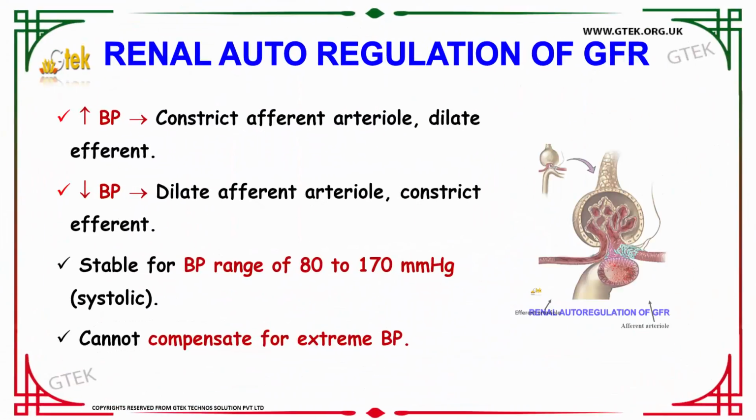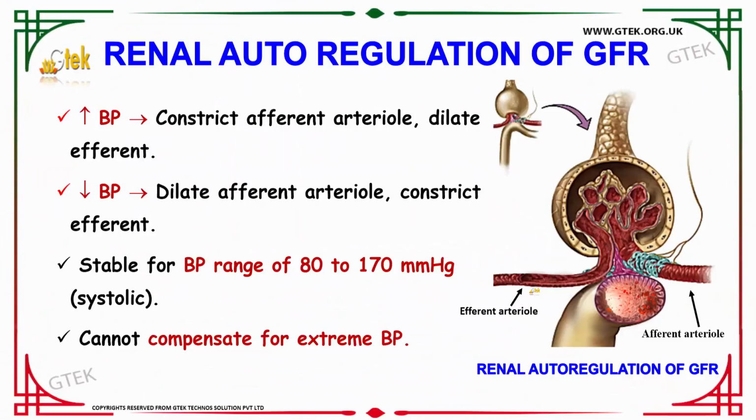Now we are going to look at the renal autoregulation of GFR. When you regulate your glomerular filtration rate, in the first case we are going to constrict the afferent arteriole and dilate your efferent arteriole, which means we are going to reduce the flow of blood in your afferent arteriole while dilating the efferent arteriole.